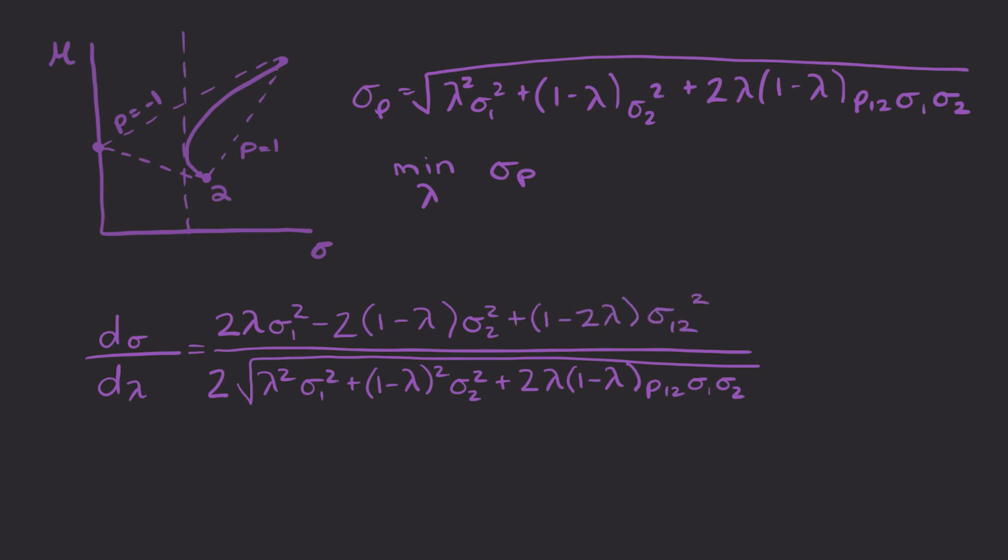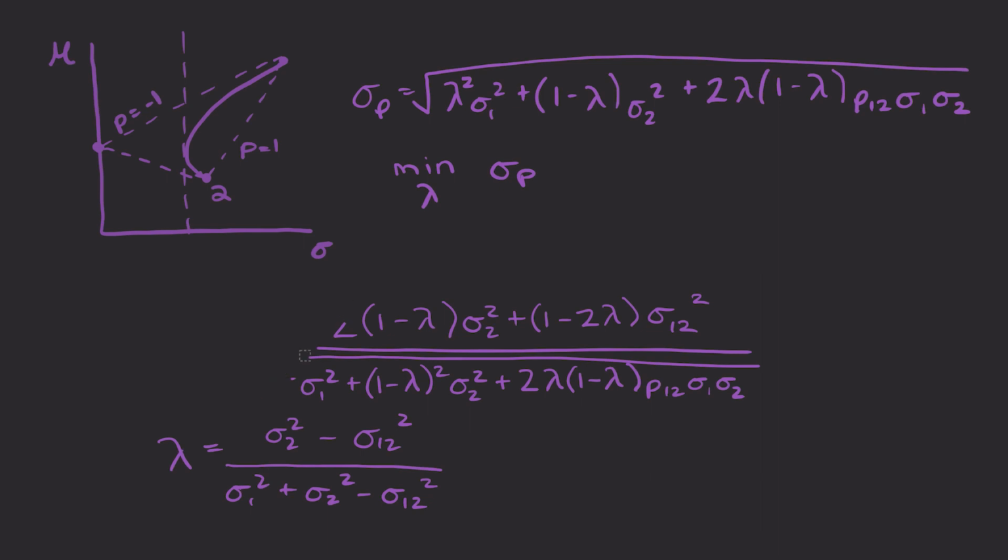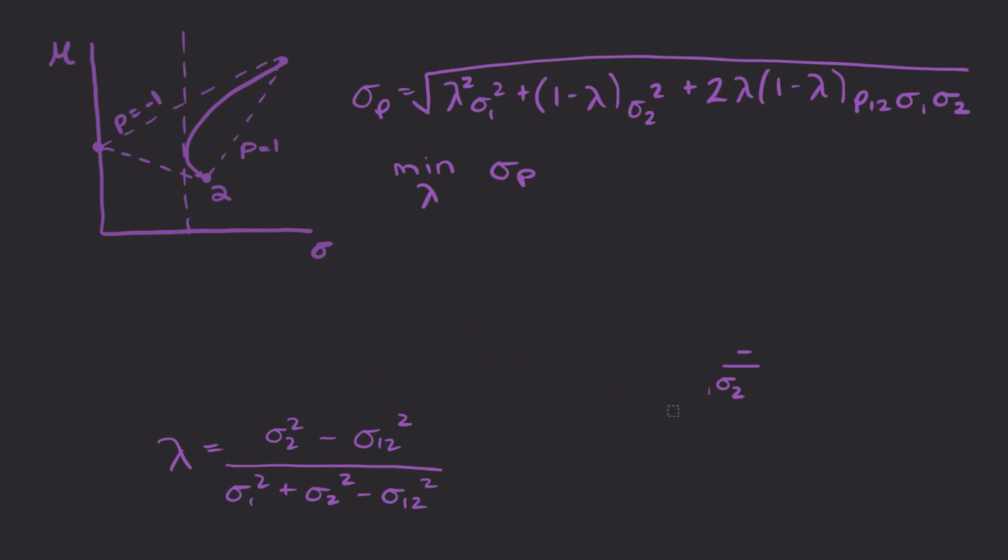So I set this whole thing equal to 0, and I find that the condition for the minimum variance portfolio is to set the portfolio weight equal to lambda equals sigma 2 squared minus the covariance divided by sigma 1 squared plus sigma 2 squared minus the covariance. So that's going to give me the portfolio that gets me as far to the left as possible on the portfolio curve. It's the minimum variance portfolio that I can find on the portfolio curve.